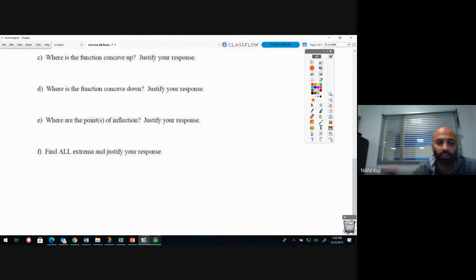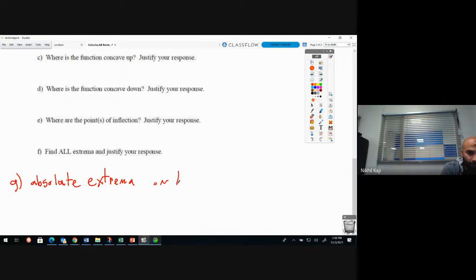Now I had asked y'all to write part G. Part G was absolute extrema on the interval from 0 to 2.